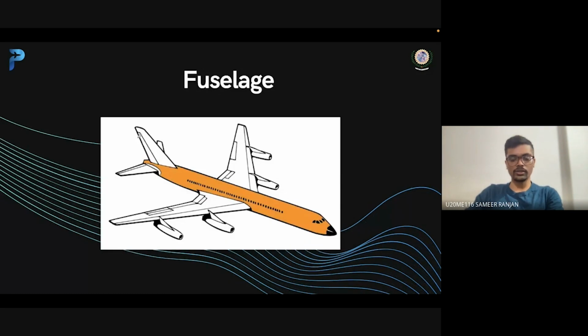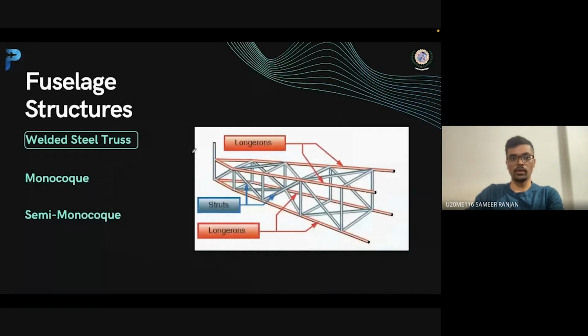Now, in yesterday's session, you learned that there are three parts of any aircraft. One is the wing, the second is the fuselage, and the third is the tail or the empennage. This fuselage part also has a few manufacturing structures. The first structure is called the welded steel structure.